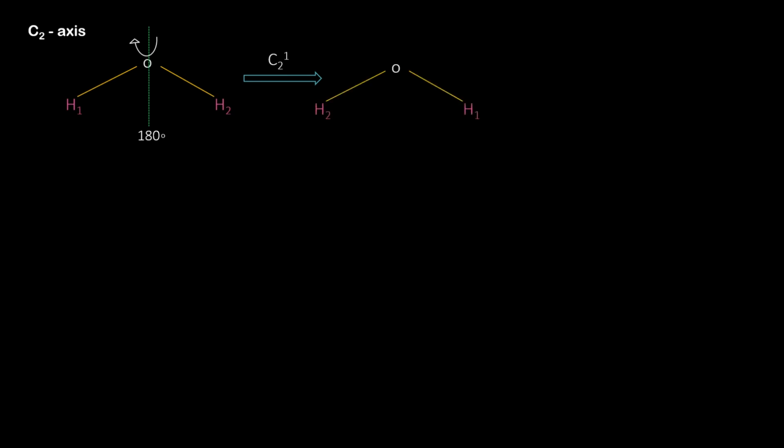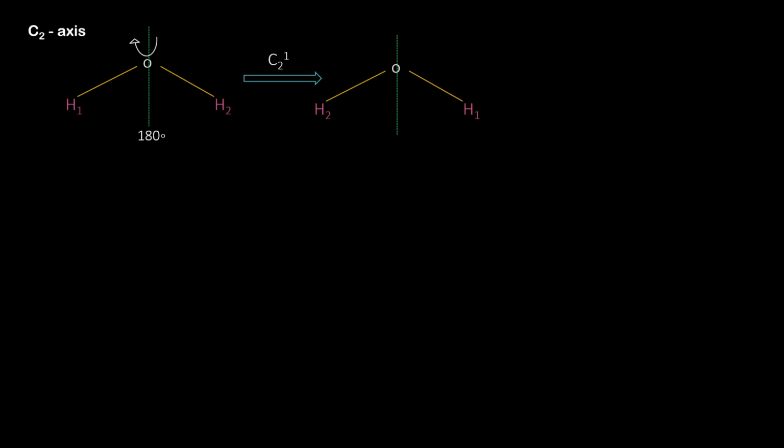In this orientation, the positions of the hydrogen atoms have been changed. Hydrogen atom H1 is replaced by H2 and H2 is replaced by H1. This orientation is known as an equivalent orientation.